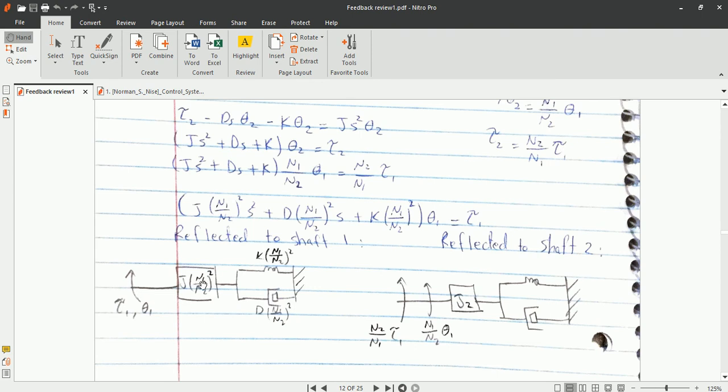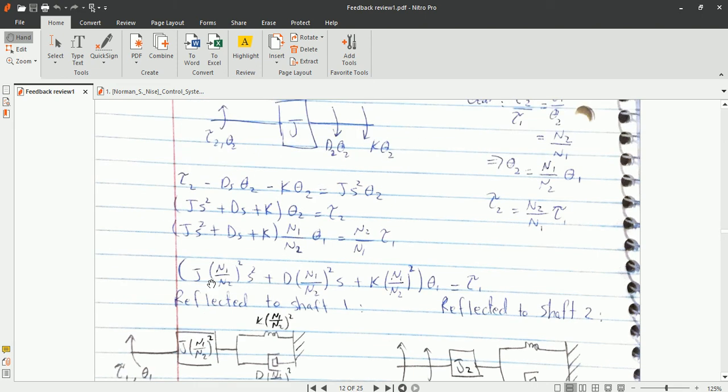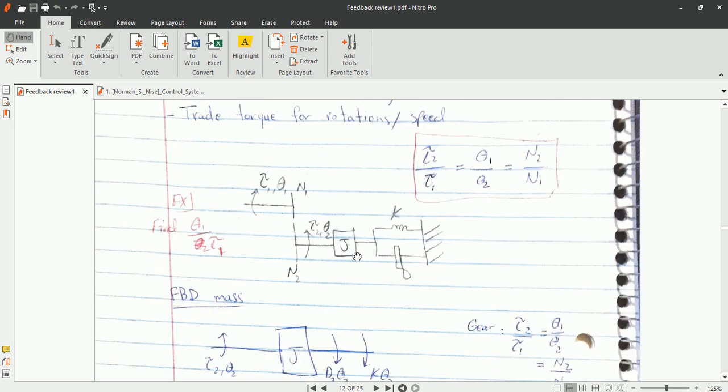What is the n1? If n1 is above, where are we moving? Are we moving towards left or towards right? If we move towards left, what will be the destination shaft? It will be n1.